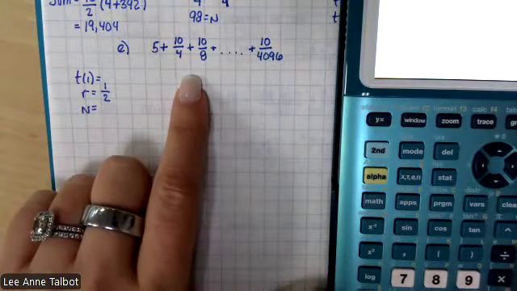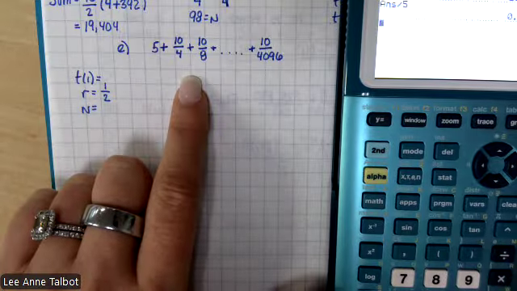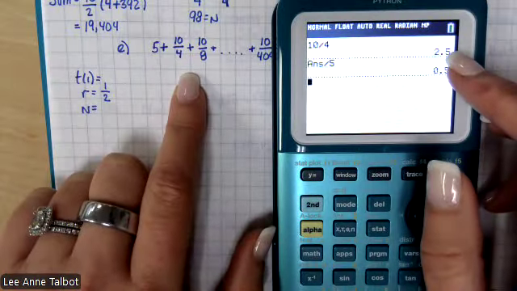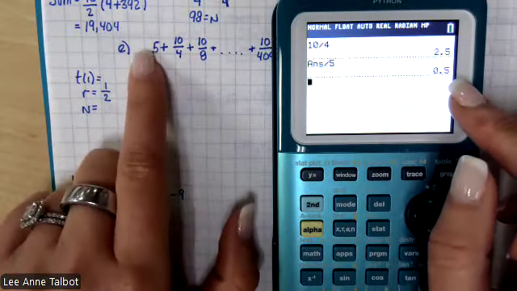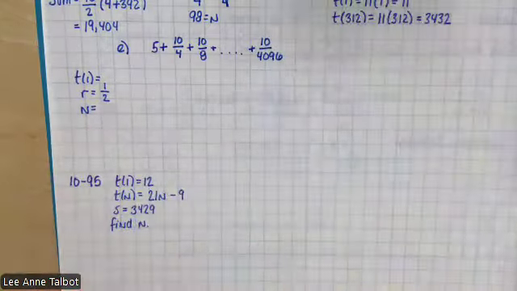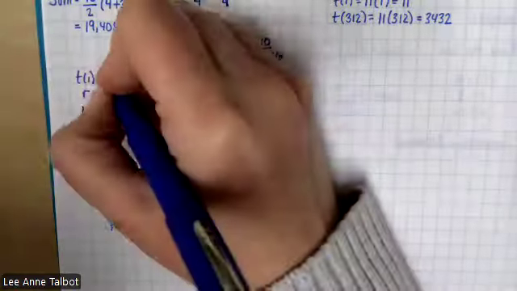Term 2 divided by term 1. Term 2 is 2.5 as a decimal, divided by 5 is 0.5. And I'm changing this to a fraction because this is in a fraction. Okay. First term is 5.